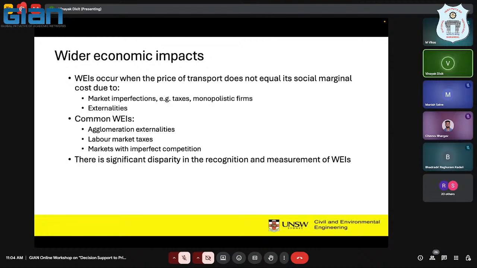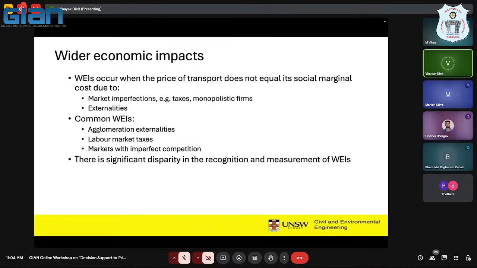In fact, the way to evaluate wider economic impacts changes from study to study. Some of them use input output, and we'll talk about that. Some of them use something called multipliers.